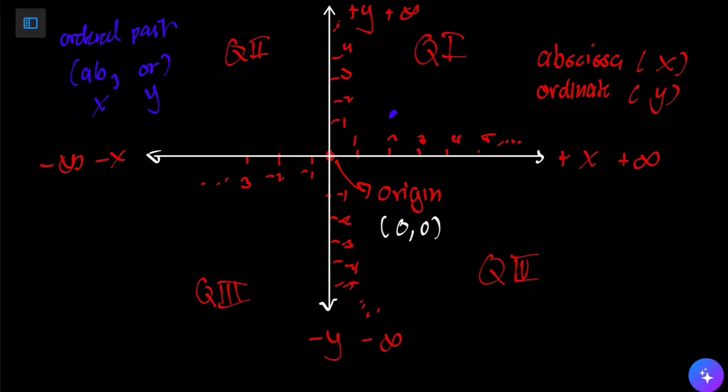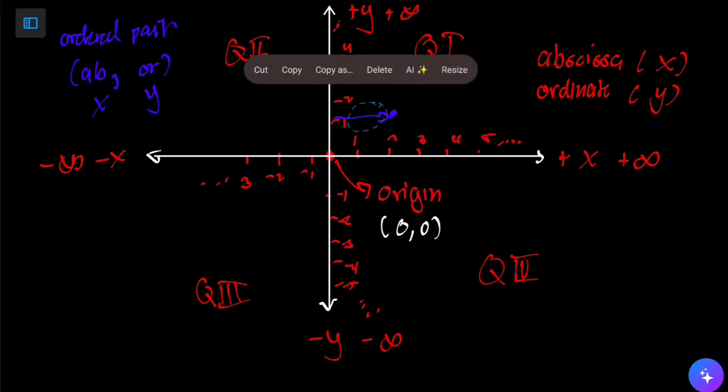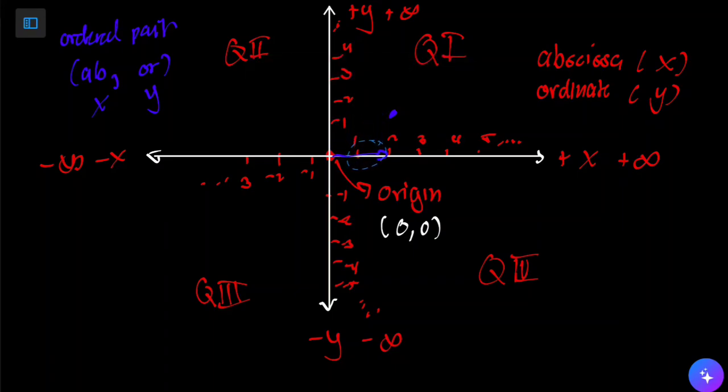As you can see, the abscissa, as we discussed earlier, is the distance from the y-axis of that point, and it's here, and we just have to drag it down. We can see that from the origin, it is at 2.